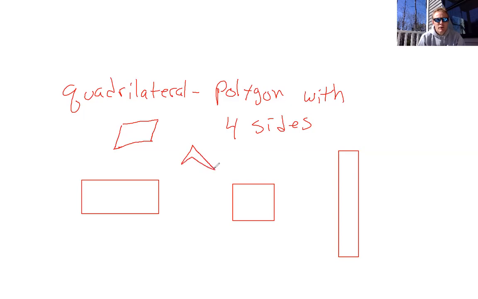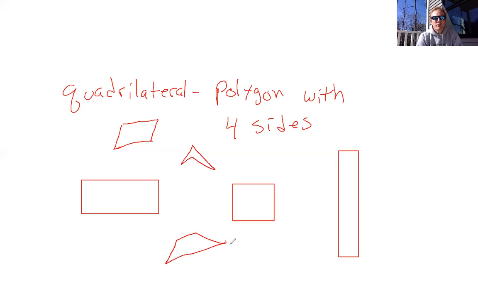It has four sides, closed figure. You could have a shape like this. Oops, I went a little too far there. Let's try that one more time. That's better. Also a quadrilateral.